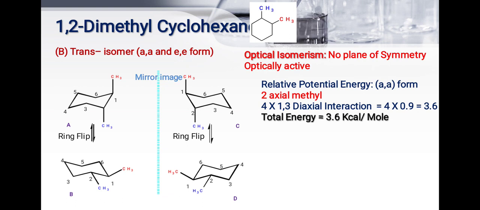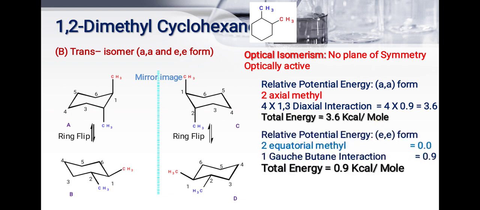Here the relative potential energy of the axial form: two axial methyl groups are there. So for the 1,3-diaxial interactions, the total energy is 3.6 kilocalorie per mole. For the relative potential energy of the equatorial form, two methyl groups are present on the equatorial position, so the energy is 0.